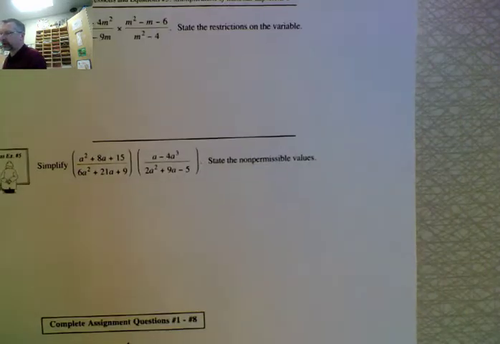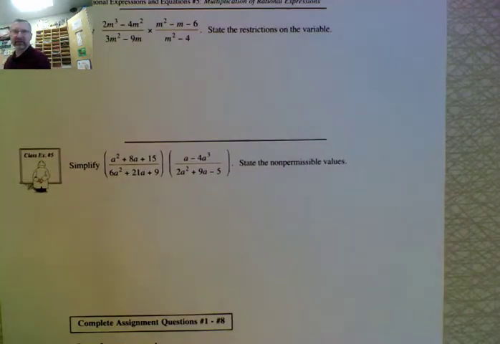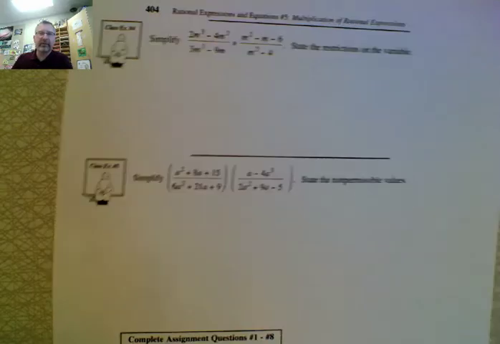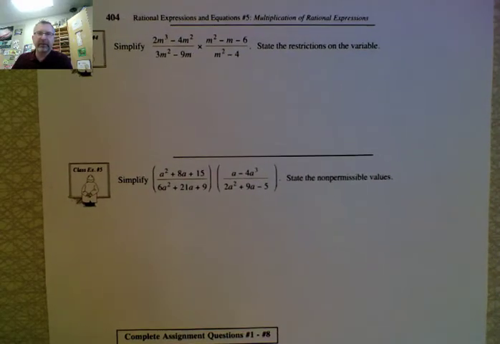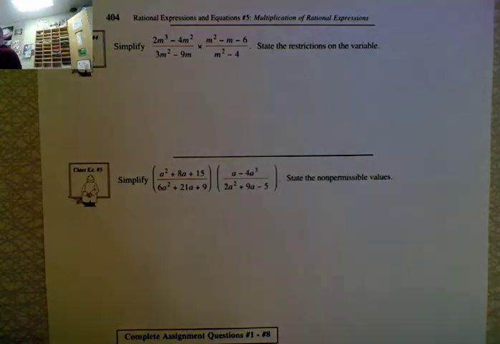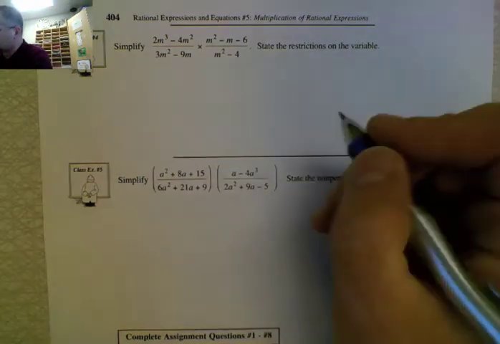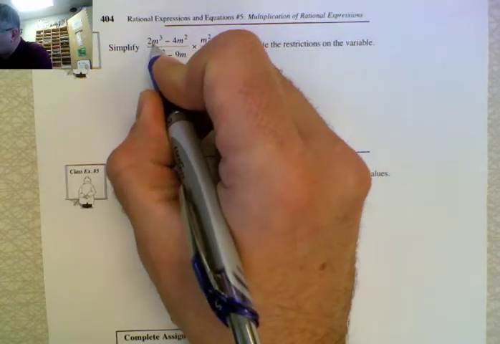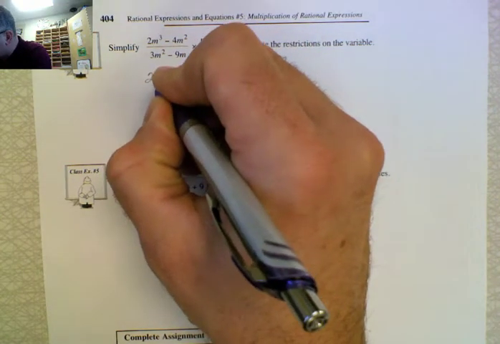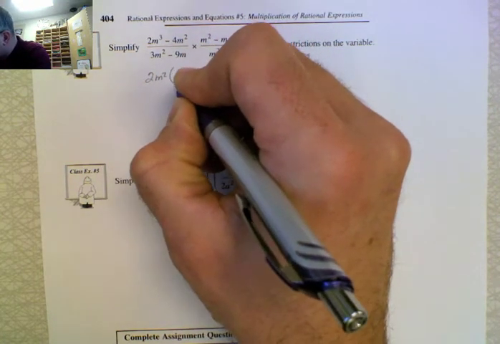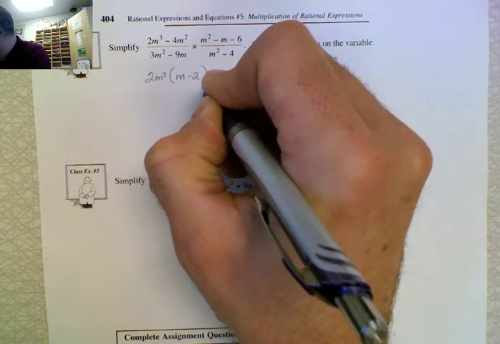All right, we're going to look at a couple more examples. Basically, all we have to do in the rest of these examples is factor and eliminate or divide out common terms. So if we look at the numerators and the denominators in this next particular situation, the numerator in the first fraction, I can take out a common factor of 2m squared, and that leaves you with m minus 2.